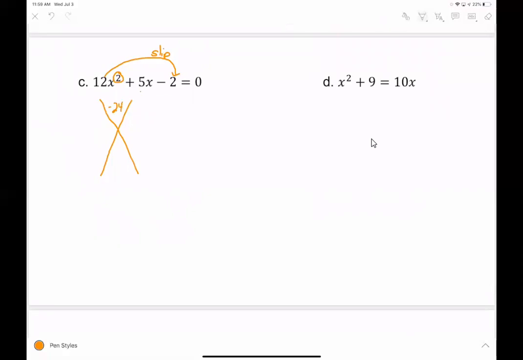And I'm going to put that coefficient of the middle term down at the bottom. Since I have a minus, I know I'm going to subtract. So my 2 factors that I'm going to put here and here, I'm going to have one that's positive and one that's negative. The larger number is going to be positive because of the 5 here. It's positive. So what combination of factors for 24 would subtract to give us 5?